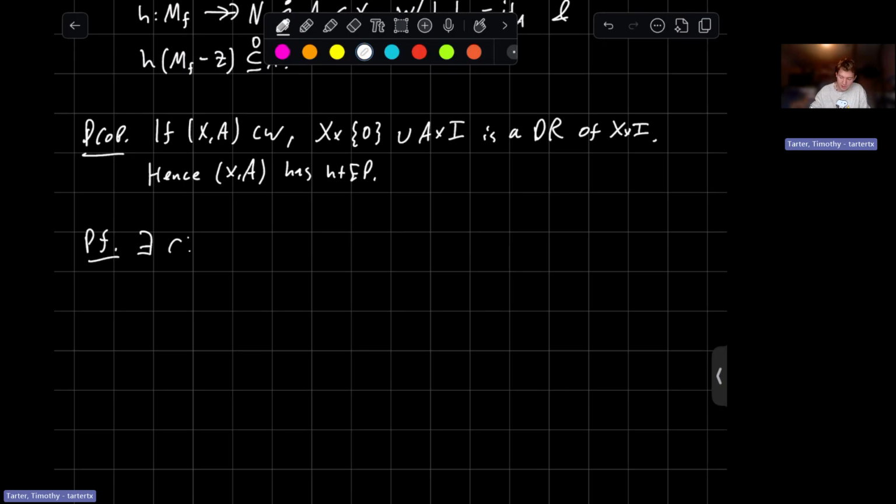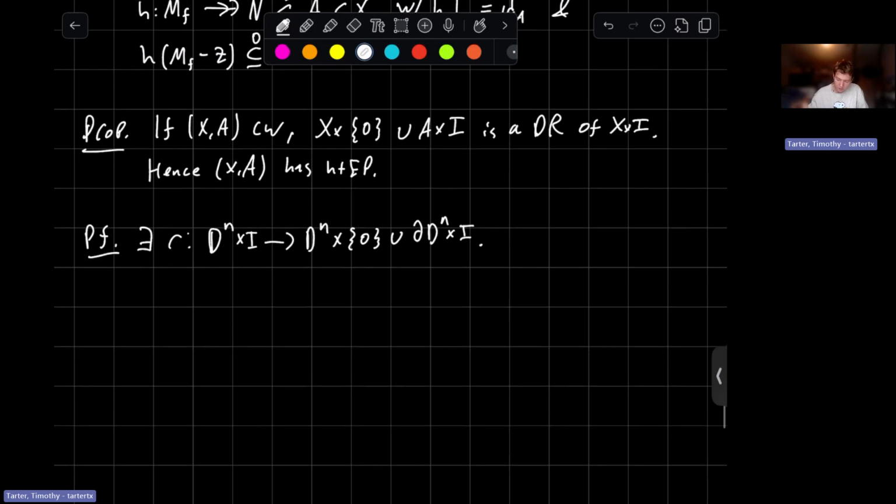So there exists a retraction from the n disk cross I to the n disk cross 0, union the boundary of the n disk cross I. For example, radial projection from the point (0, 2) in the disk cross R. Oh, I see.